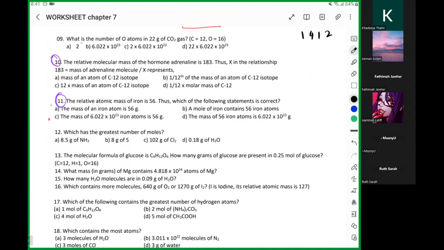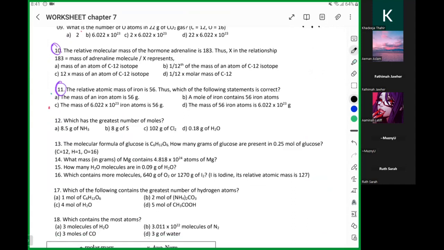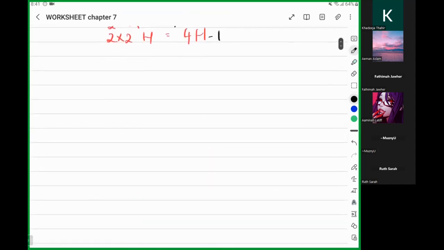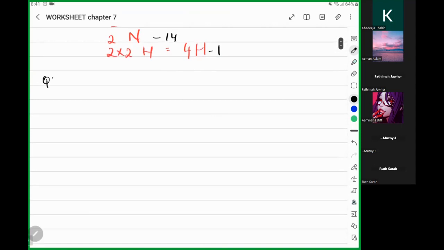Now let's see. Relative molecular mass of the hormone adrenaline is 183. Thus, X in the relationship 183 equals mass of adrenaline hormone divided by X represents. So this is the standard equation. You don't need to worry about what this adrenaline hormone is and why they are mentioning that.